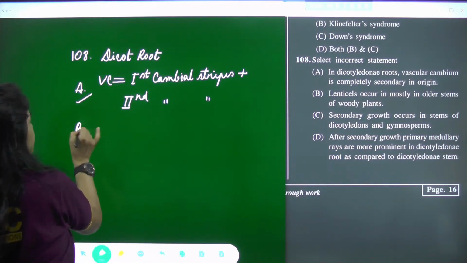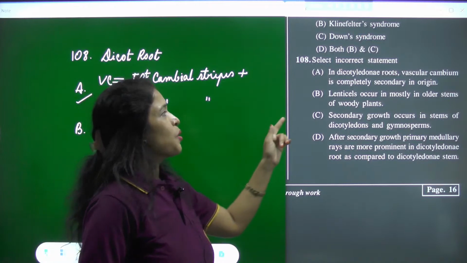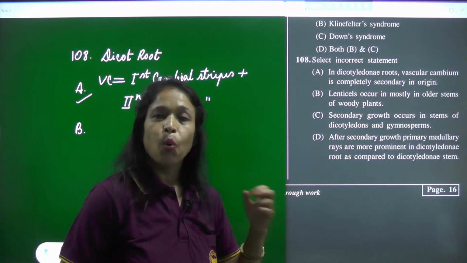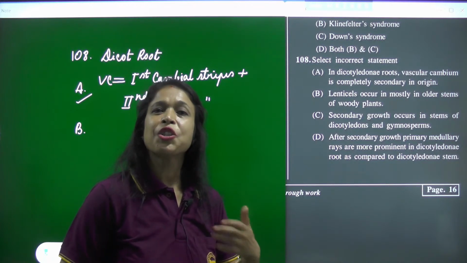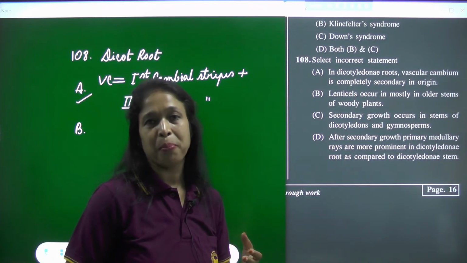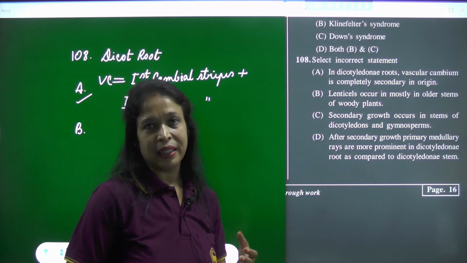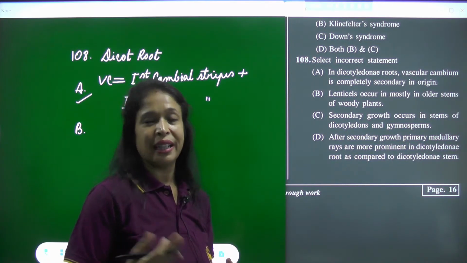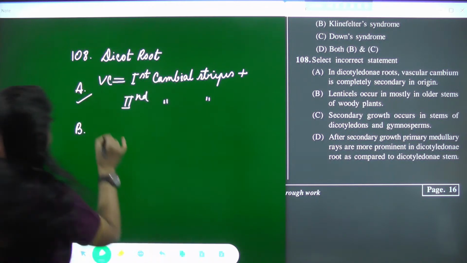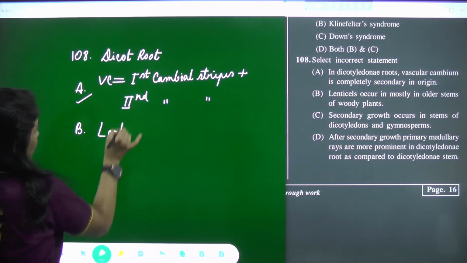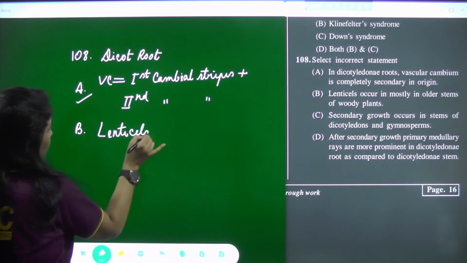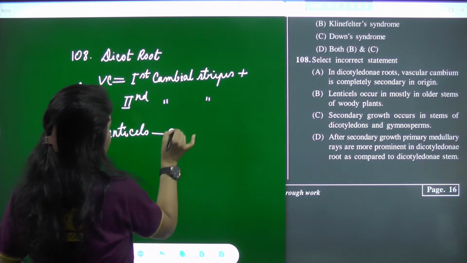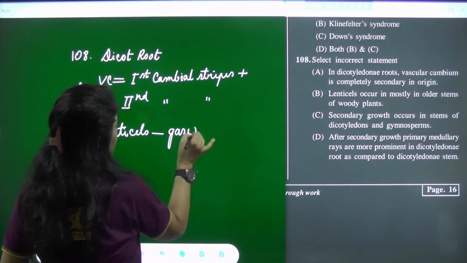Second option, lenticels occur mostly in older stems of woody plants. Yes, what are lenticels? Lens-shaped pores, mostly present in older stems, older trees, because they are secondary structures. Lenticels are very common in woody plants, meant for gaseous exchange as well as transpiration.